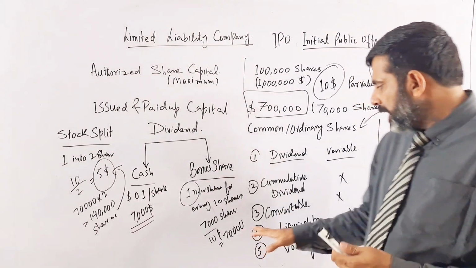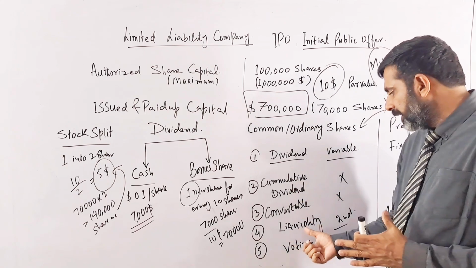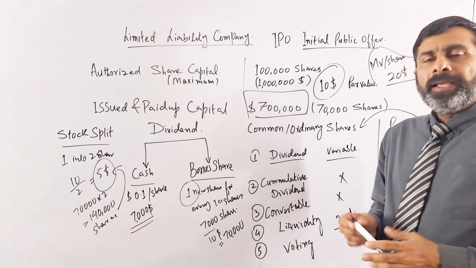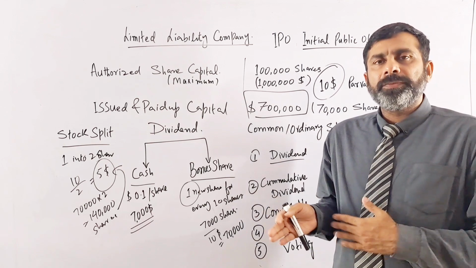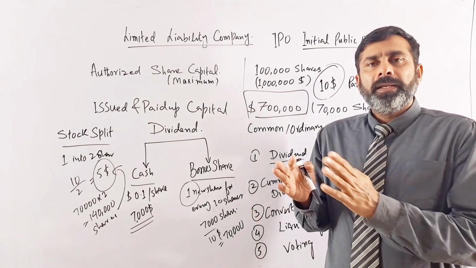Now the next thing that we have is related to liquidation. When the company is in the liquidation process, it simply means that the company is going to be closed.